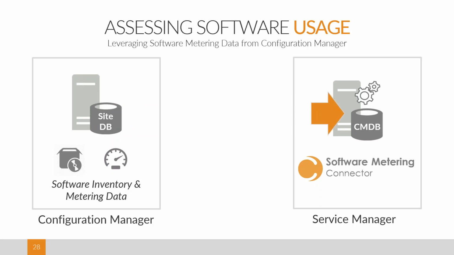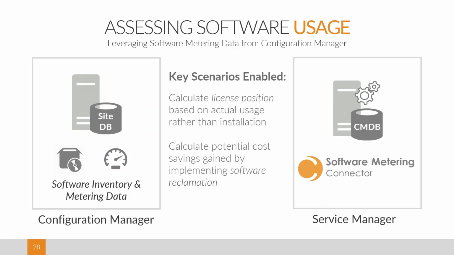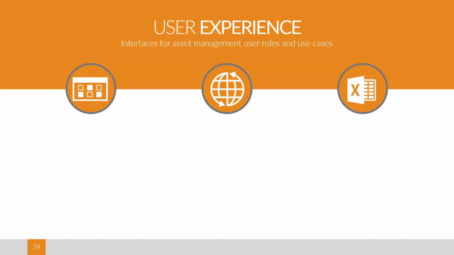So now you have that software metering data along with your hardware and software asset data that comes from Configuration Manager. And now you can go ahead and calculate your license positioning based on usage rather than installations, and you can determine whether or not you should be able to reclaim any licenses that are not being utilized.